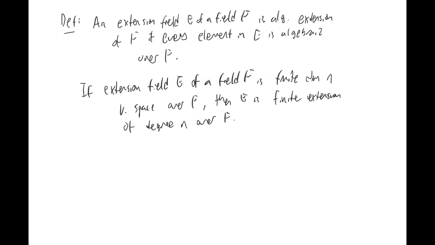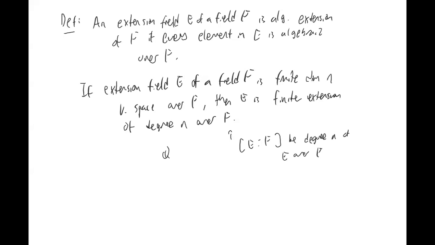So we call this degree, you could think of this as the degree of the irreducible polynomial if you're just adjoining one element. We call this the degree n of E over F.